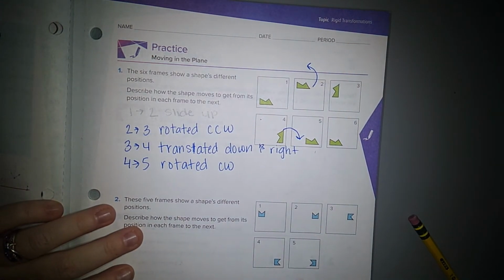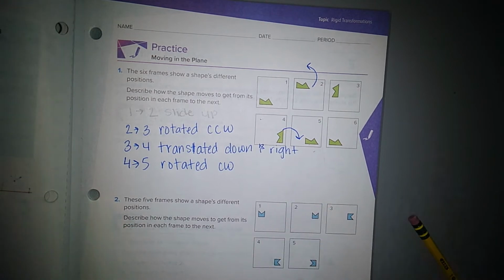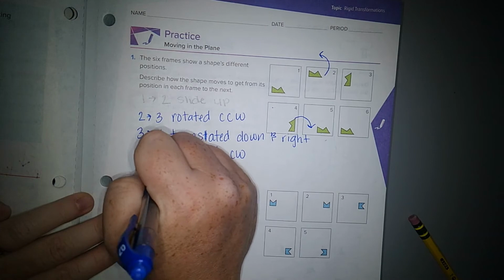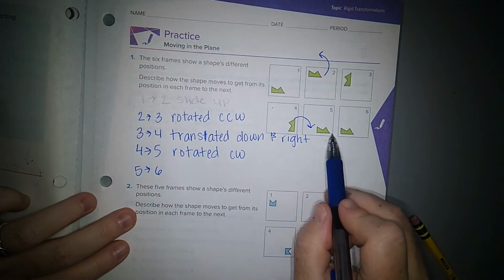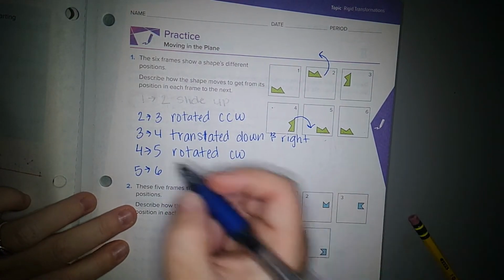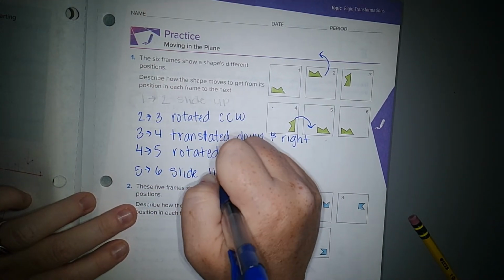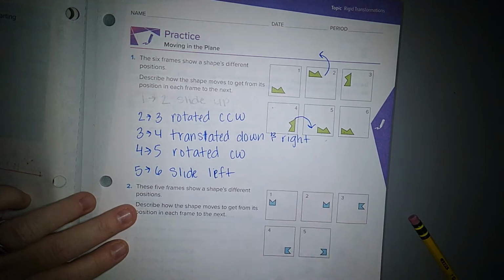We could say the amount of degrees we went from one to another. That's in a couple lessons, and we'll get there. And then from 5 to 6, the image was here, and it moved backwards, slid back, slid left, not lift, left.